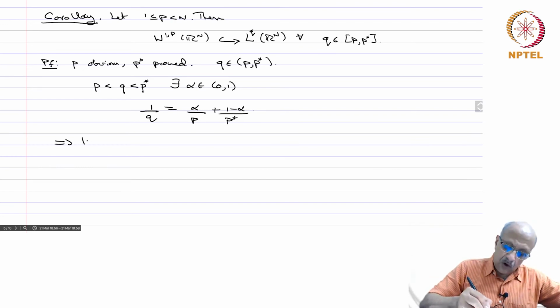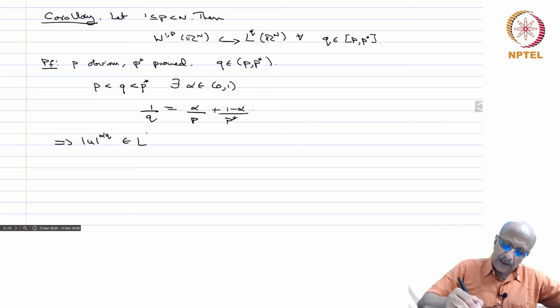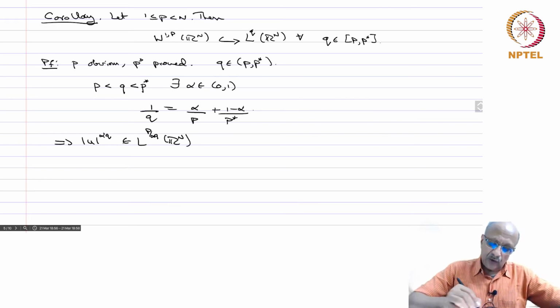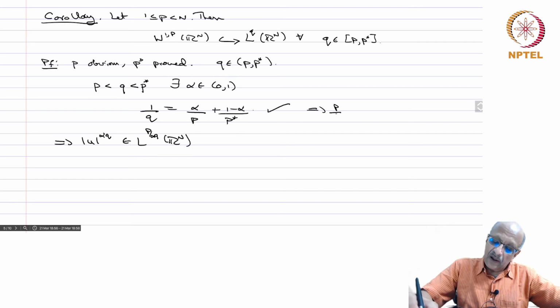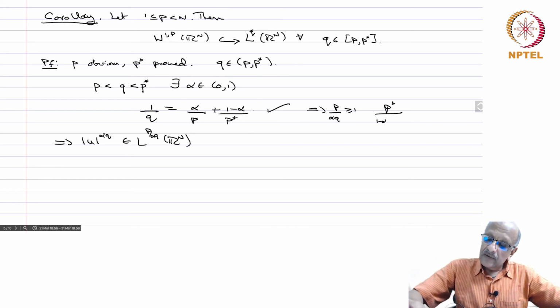This implies that |u|^{alpha q} belongs to L^{p/(alpha q)}(R^n), because if I take the p/(alpha q) power of this, I will get |u|^p, which is finite, and p/(alpha q), because of this relationship, is bigger or equal to 1. Similarly, p*/((1 minus alpha) q) is also greater or equal to 1.